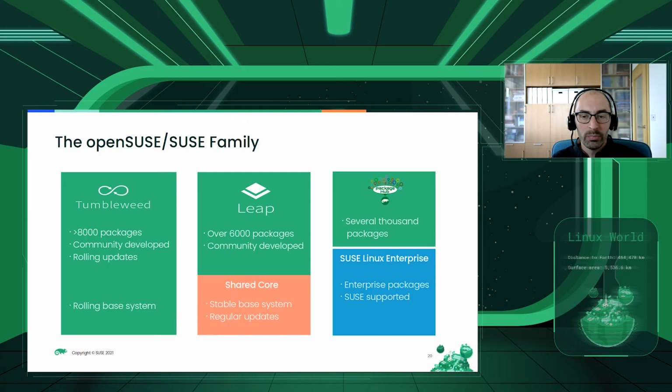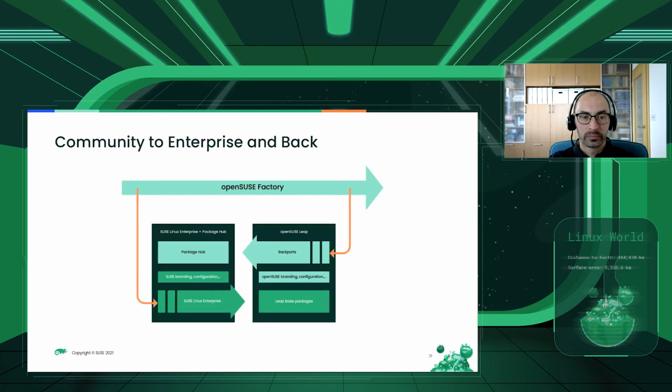So we offer the Package Hub module. Those are the packages which are in Leap and not in SLE, and we make them available as part of the SLE module so that the customers can get easy access to them, despite those not being fully enterprise ready yet. Still, it might be useful to be able to get those easily.